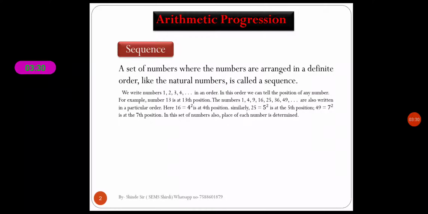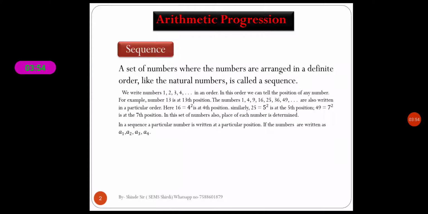There are so many examples of sequences, like whole numbers or tables. Suppose the table of 2, table of 3, table of 9, whatever, they are all examples of a sequence. Now, in a sequence a particular number is written at a particular position.